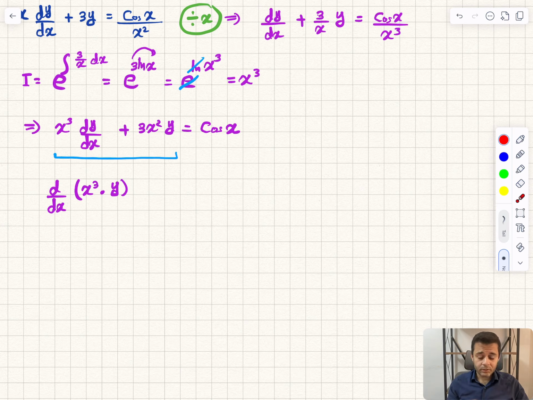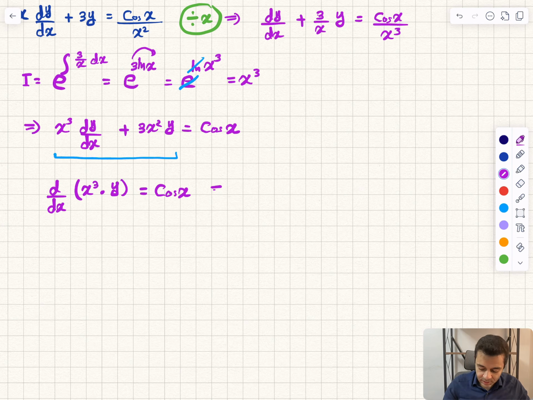And check, by the way, if you differentiate this multiplication between x cubed and y using the product rule and implicit differentiation, you have to get the same as the left-hand side here. You can check it. Now, the right side will be as it is, cosine x. So here, I rewrote this like this now, and now it's ready to integrate.